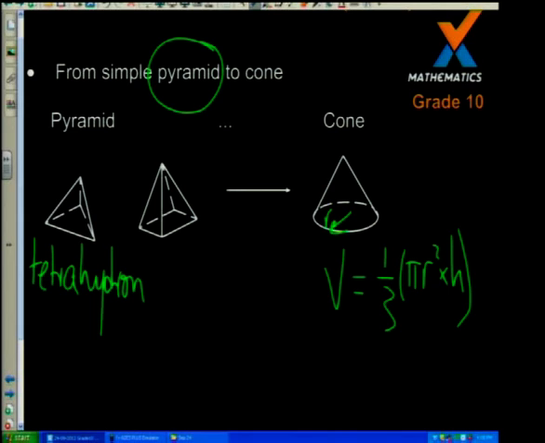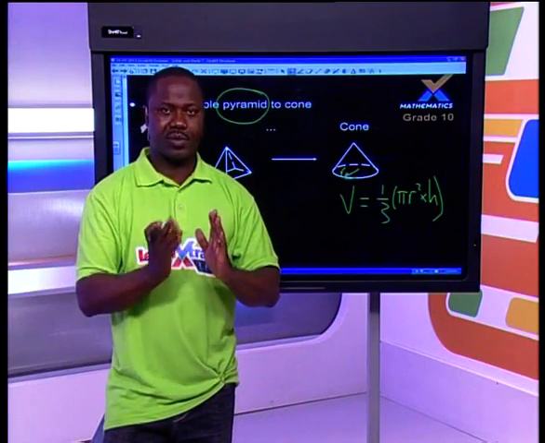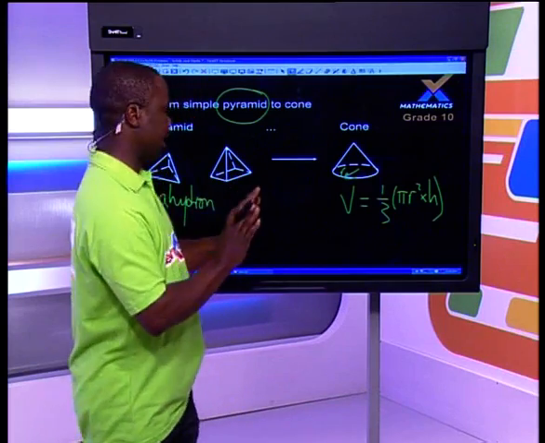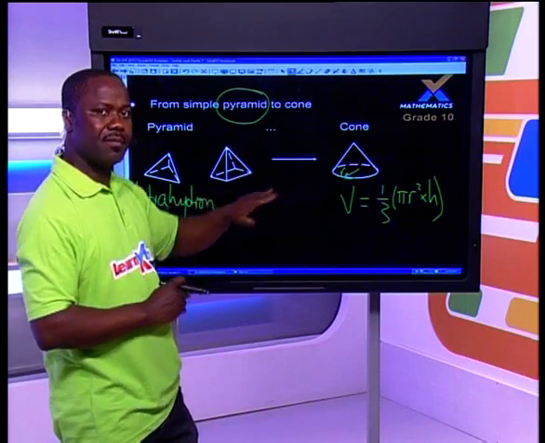So what is happening here is, if this pyramid was uniform, in other words, its apex was right in the middle, you would actually have a very nice uniform shape. The areas would be the same all around.